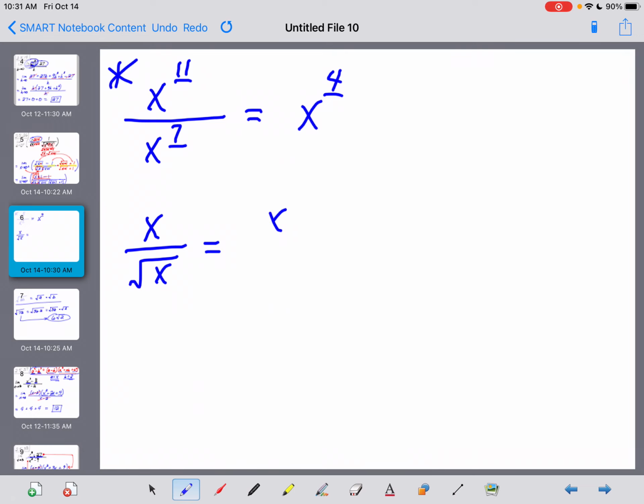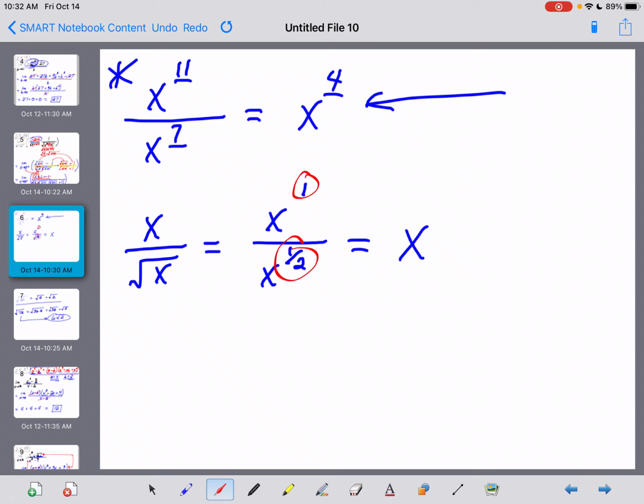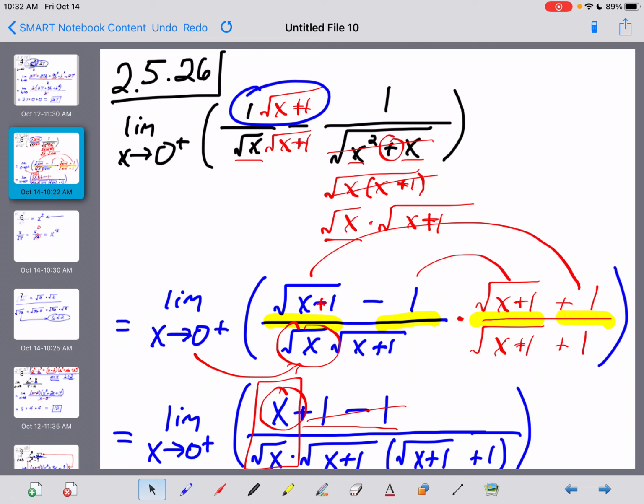That numerator is x to the 1st, and the denominator is x to the 1/2 power. If you do the same method, you take your numerator exponent minus your denominator exponent, and we end up with x to the 1/2 as that quotient. So it didn't look like they cancel out, but in actuality they do.